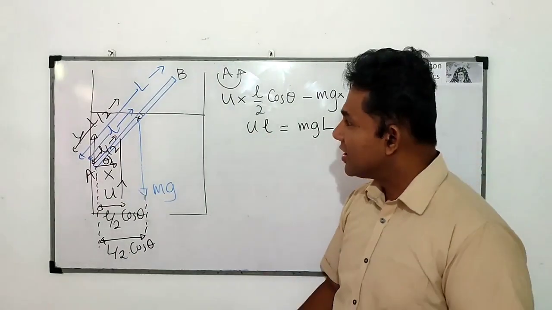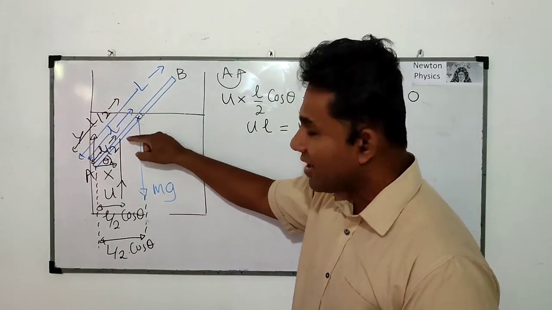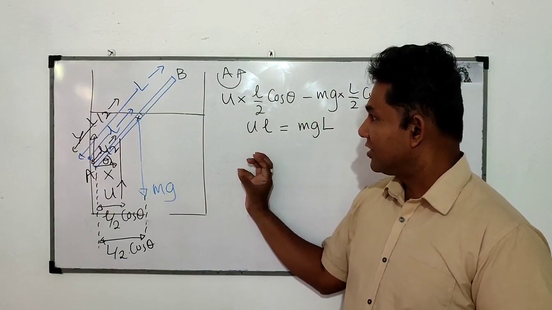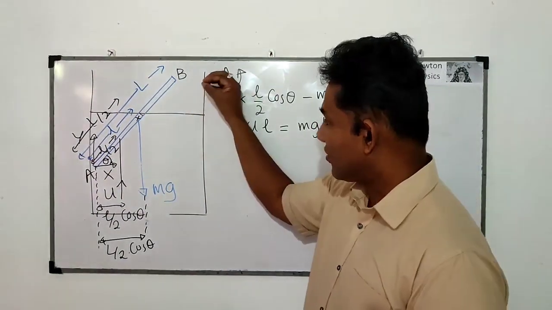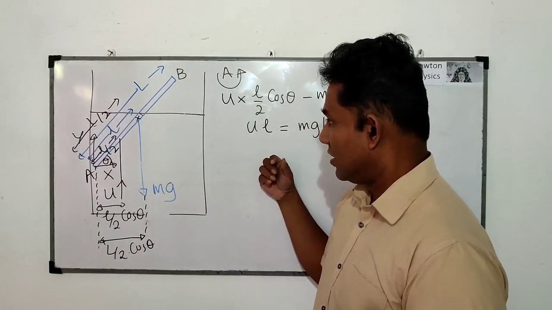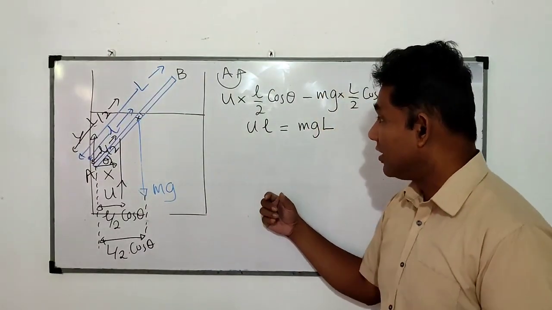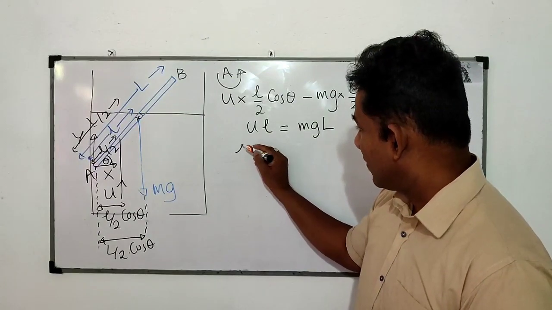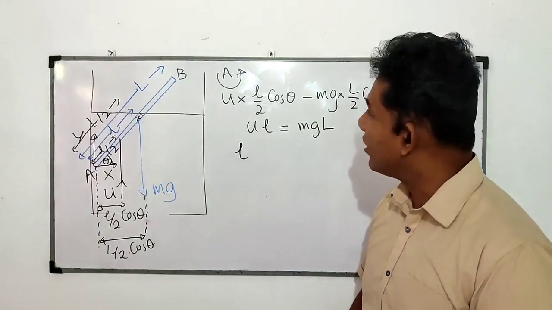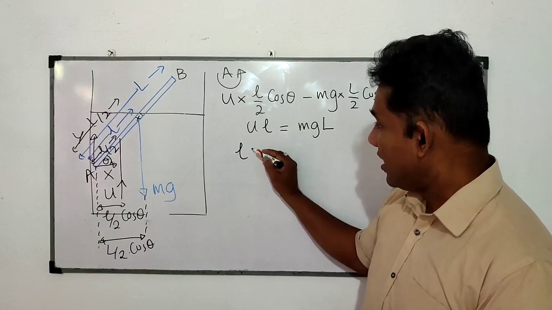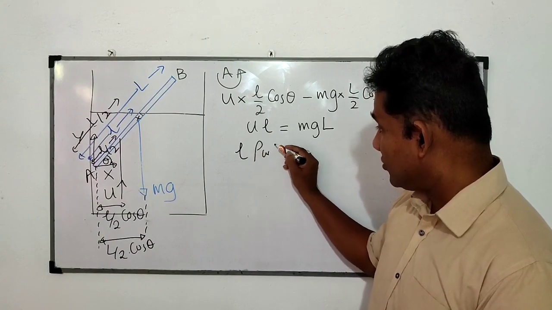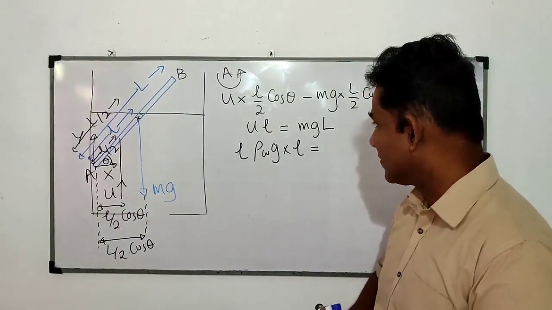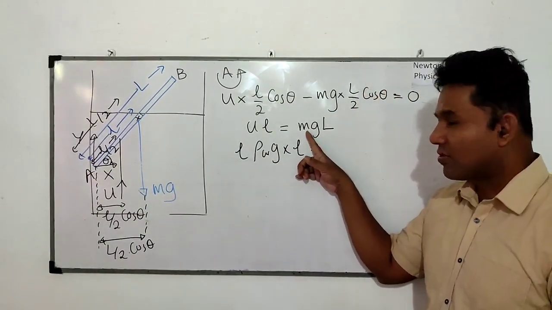You know that the immersed part has a length simple L. Now I am taking the cross-sectional area of this rod as uniform, and so I can apply the length L instead of the immersed volume. L into rho W into g into L equals, here I need the mass of this rod.